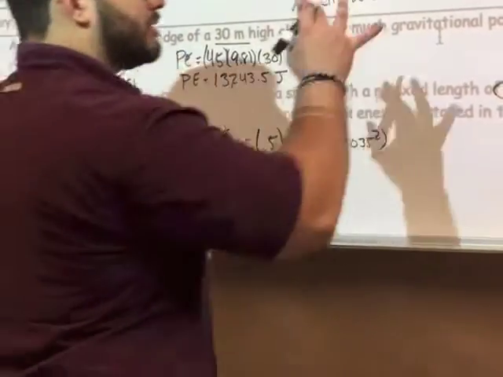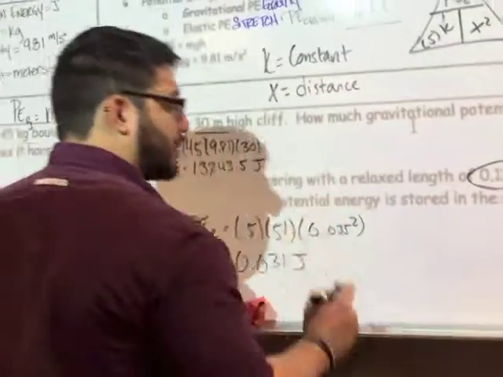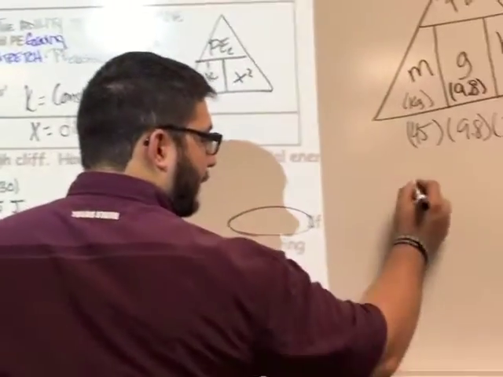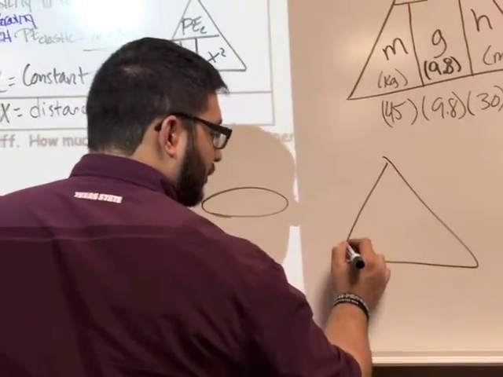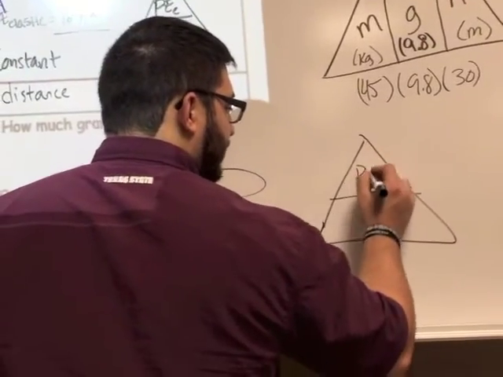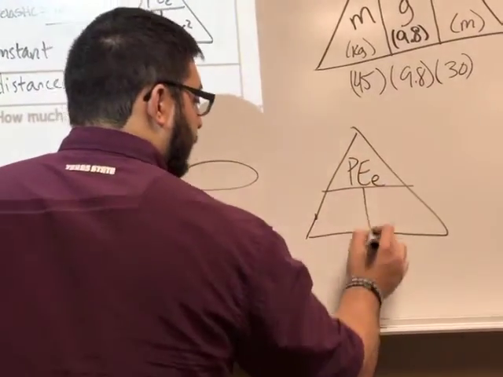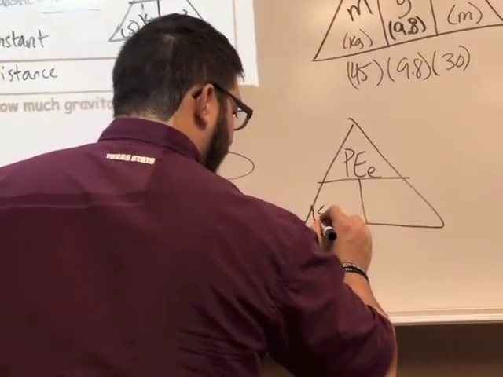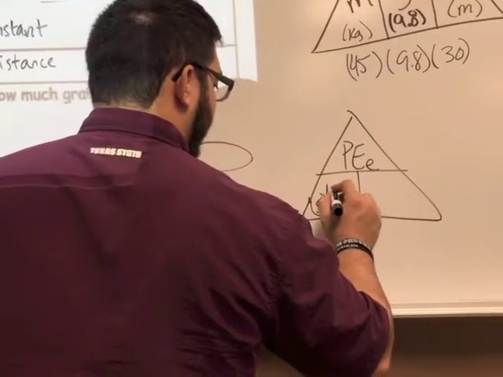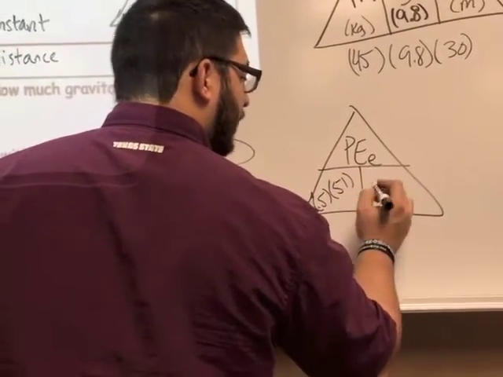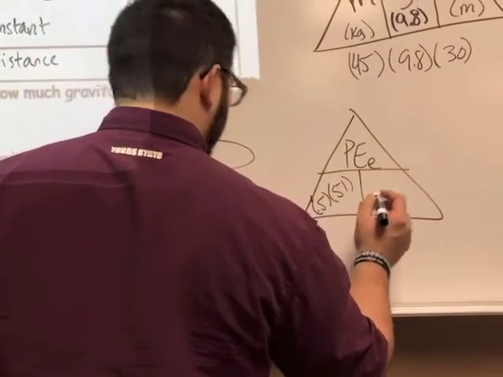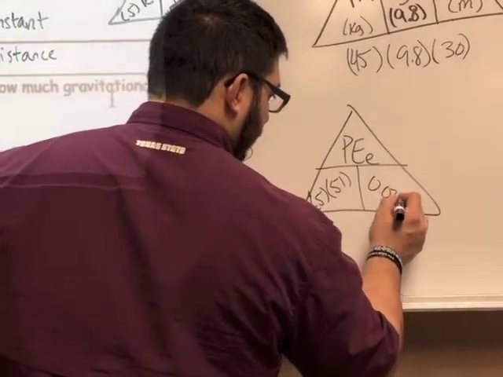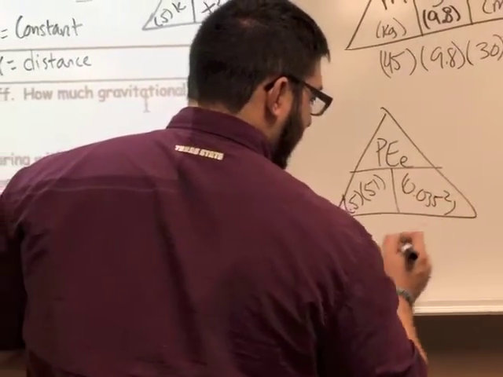But if we wanted to put it into our triangle form, we can go ahead and do that as well. I'll move the triangle over here, and we'll do it together. We're still looking for potential energy elastic, but we know that's going to be half of our K, and our K was 51, and then x squared, 0.035 squared.